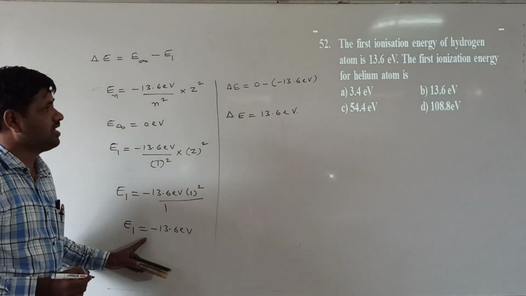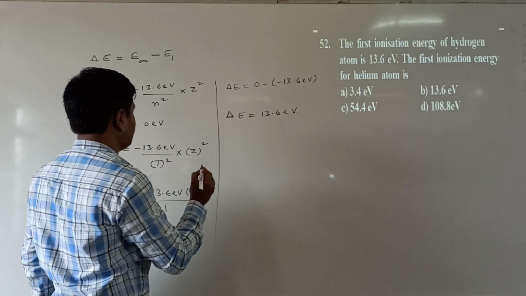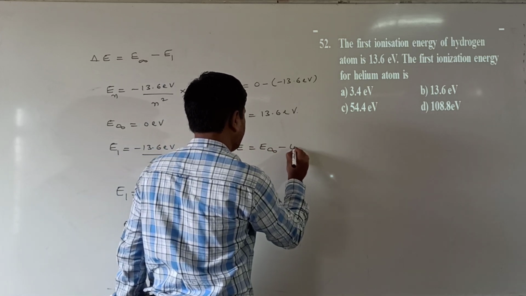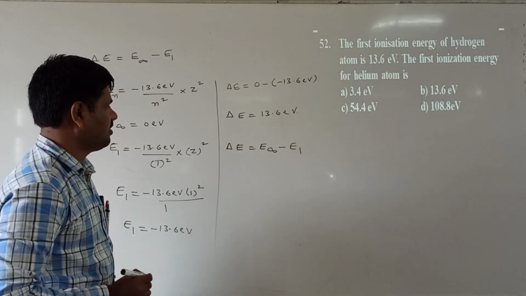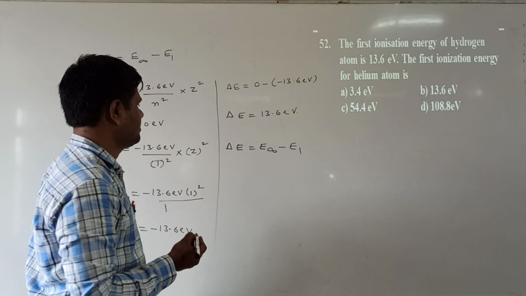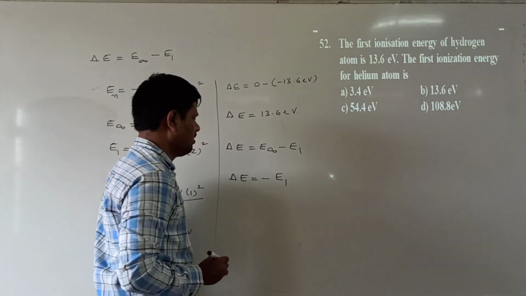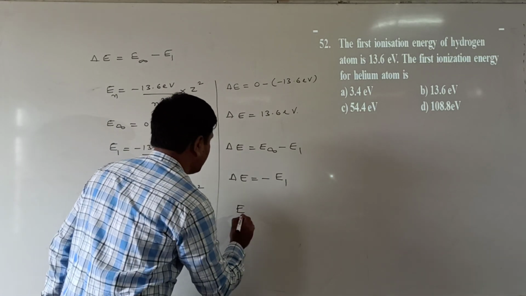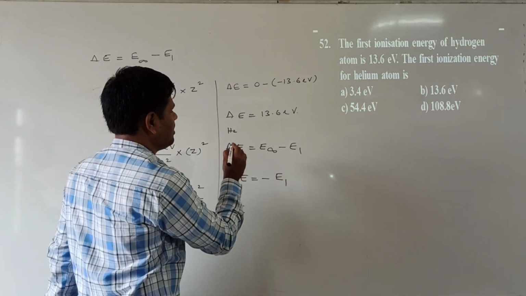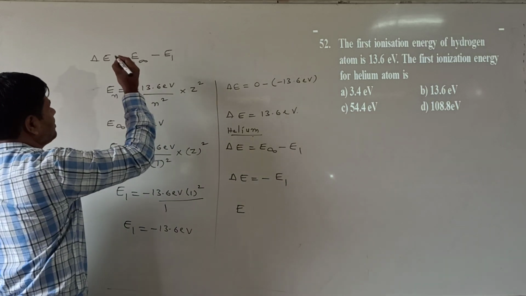But this is for hydrogen. Helium is what is asked. Delta E is equal to E infinity minus E1. Here also E infinity is 0, because at the infinite energy level, energy is 0. So delta E is equal to minus E1. Now we can find E1 for helium.